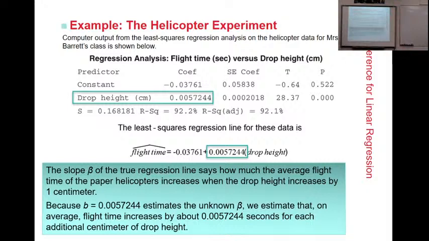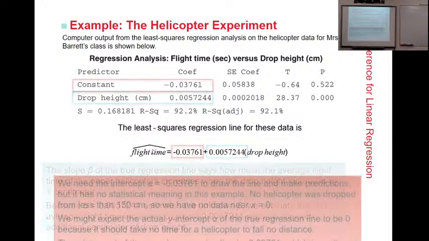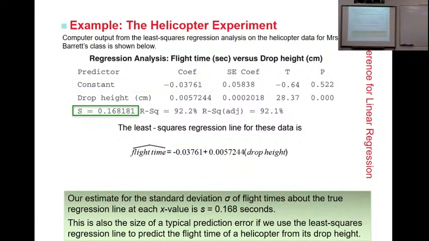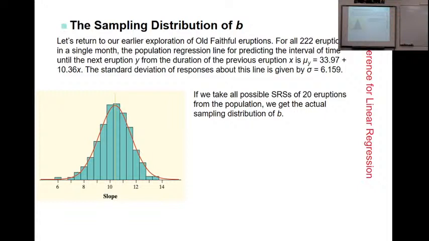Remember to use predicted for y on these, and remember to put a hat above y on the equation. The y-intercept is: when x is 0, y is predicted to be this. S is the standard deviation of the residuals. Moving on. That's all things that we did in chapter 3, and we've been reviewing a little bit, so that should look somewhat familiar to you from some of the scatter plot questions you've gotten on some of the FRQs.